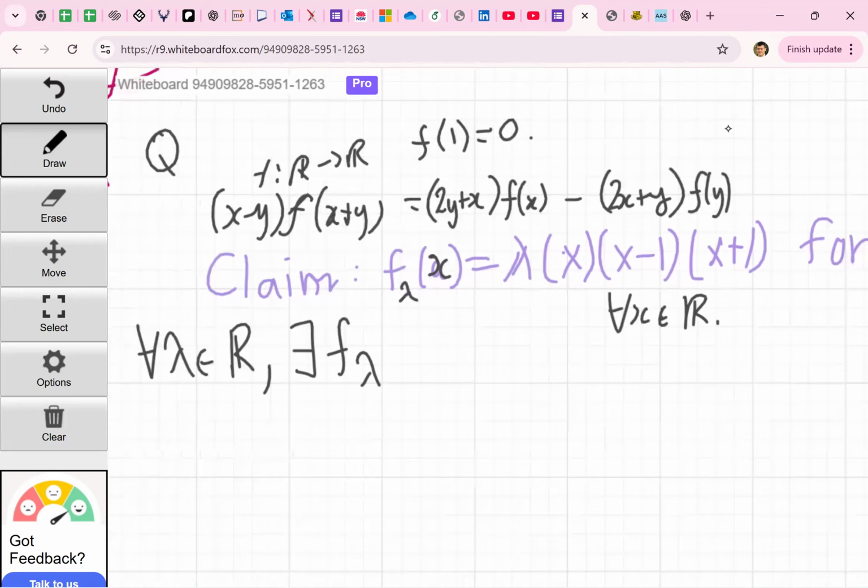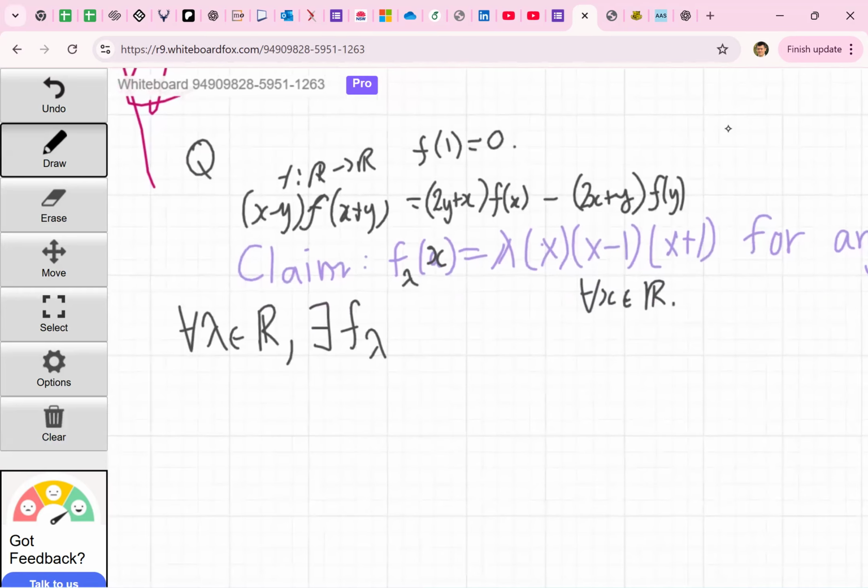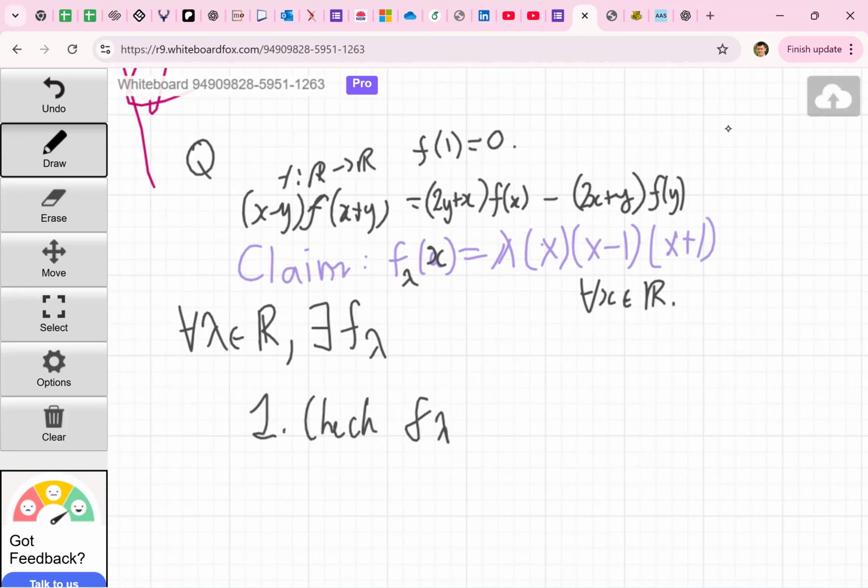So to prove it, one is check f lambda works.